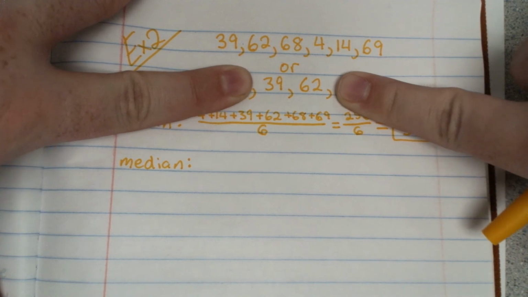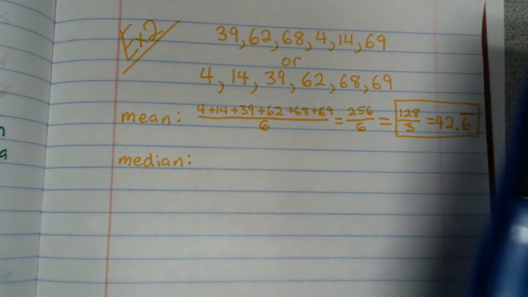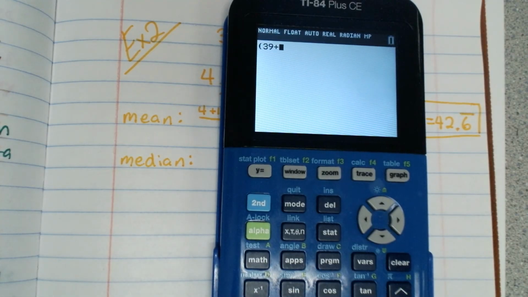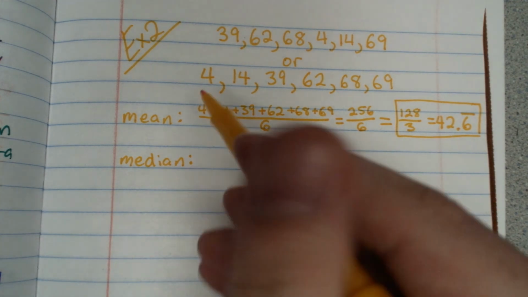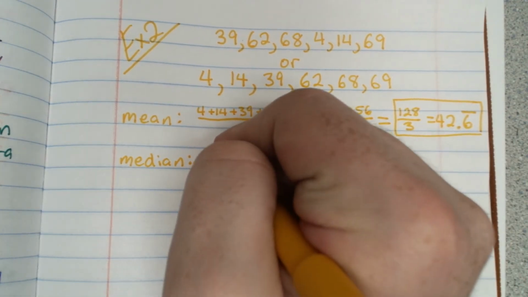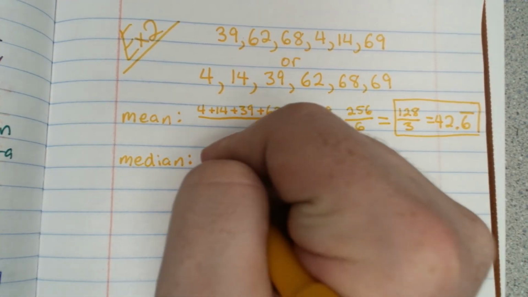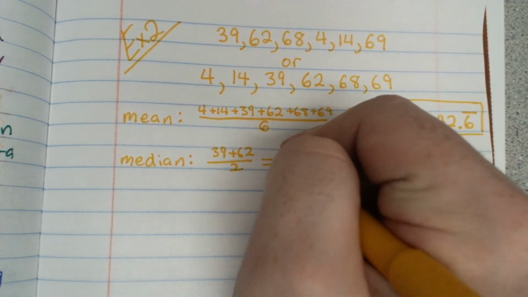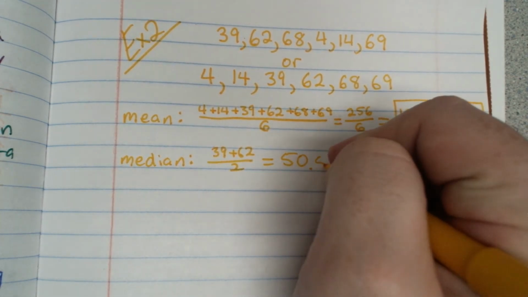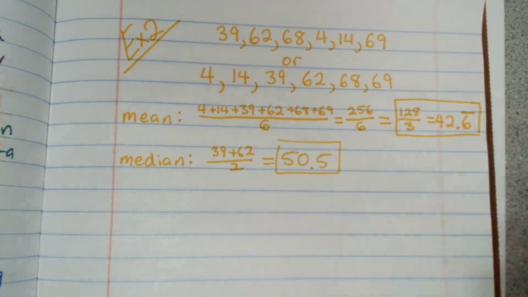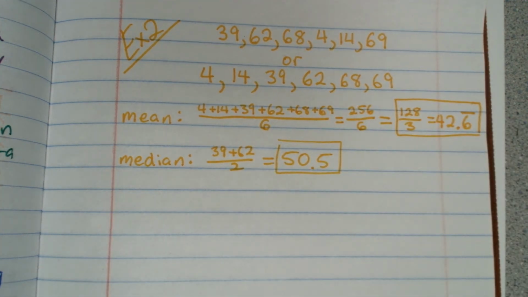So the median will be the average of those two numbers. So we need to take the average of 39 and 62, and that is 50.5. It's exactly in between the two middle values.